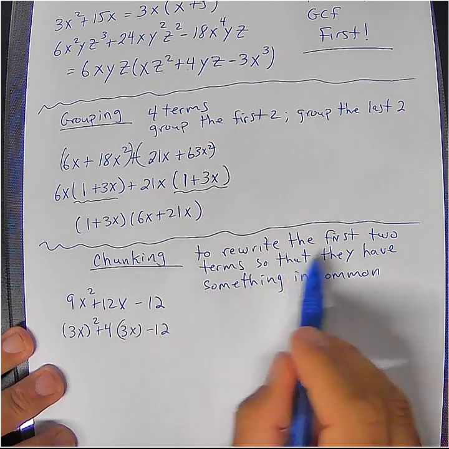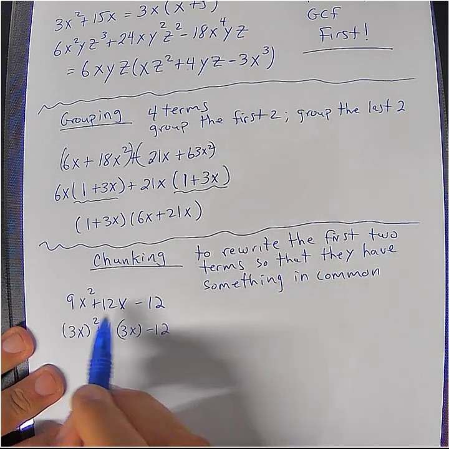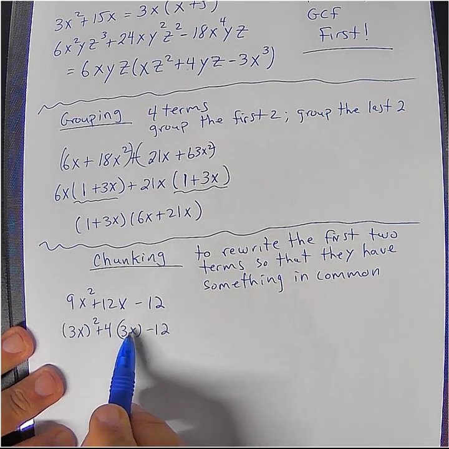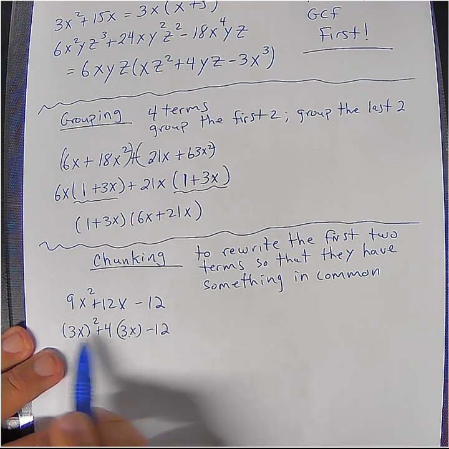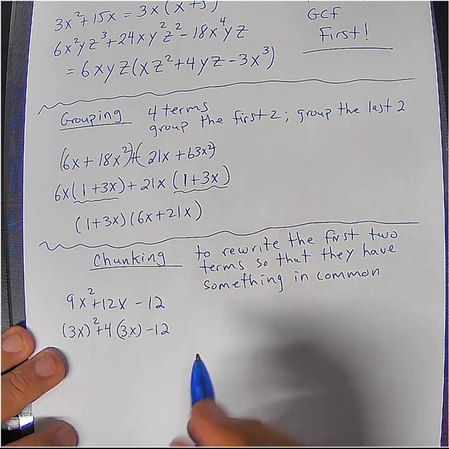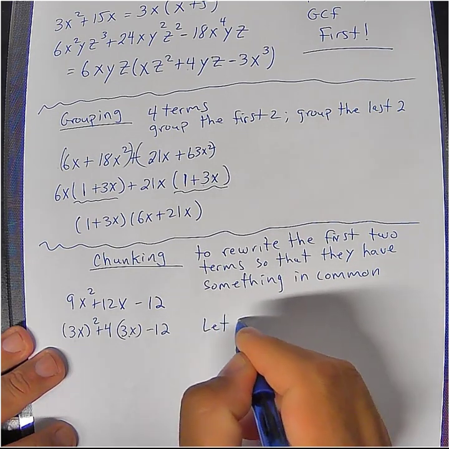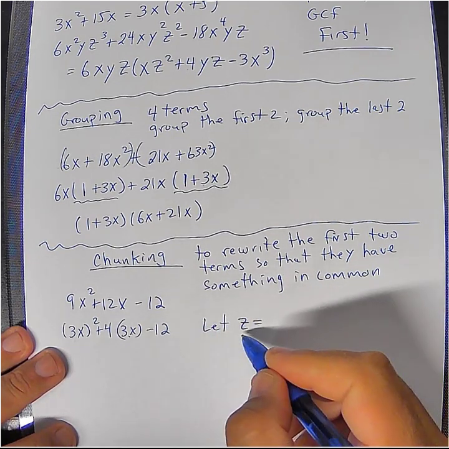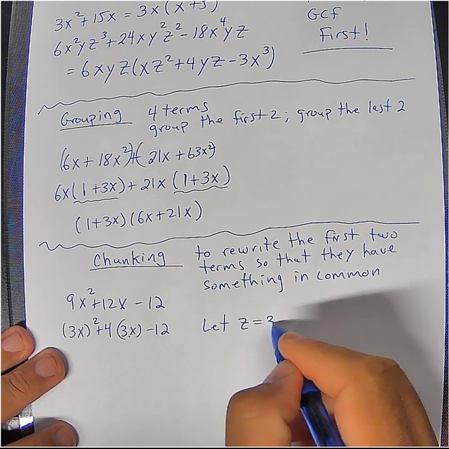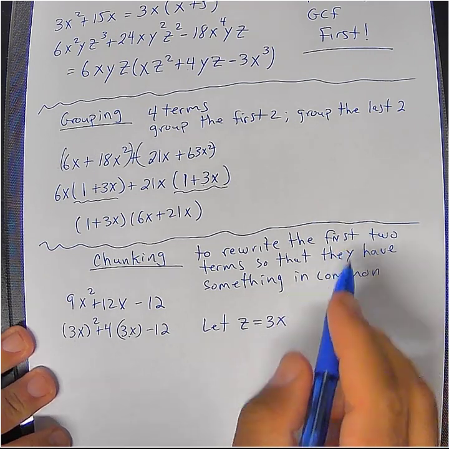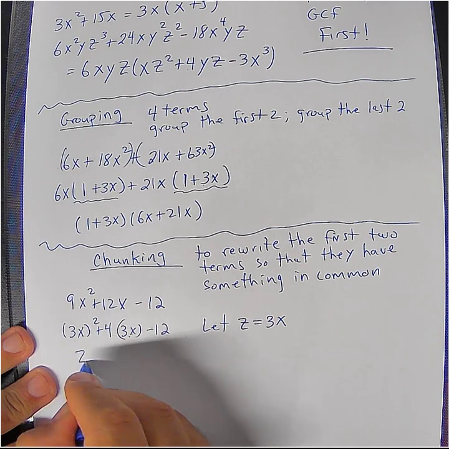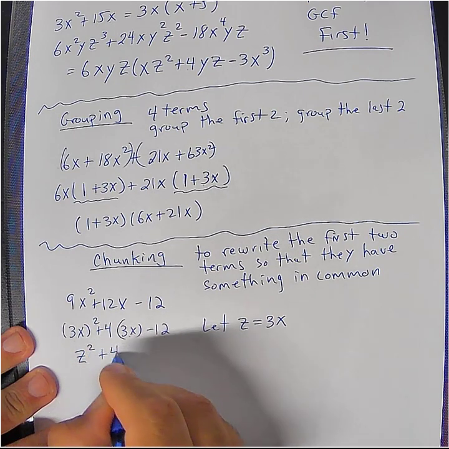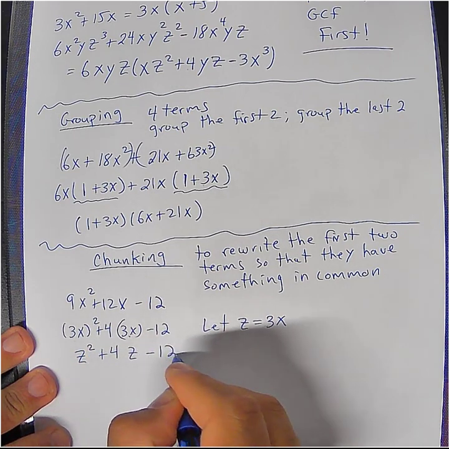As you see, I only played with the first two, and I rewrote them such that they have something in common. That's what we mean. So whatever they have in common, I'm going to substitute that. So in class, I said let z, and again, you can choose any variable that you wish. Let z be that 3x. So now if I substitute it here, I get z squared plus 4 times z minus 12.